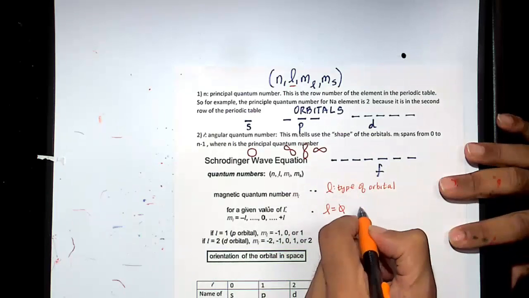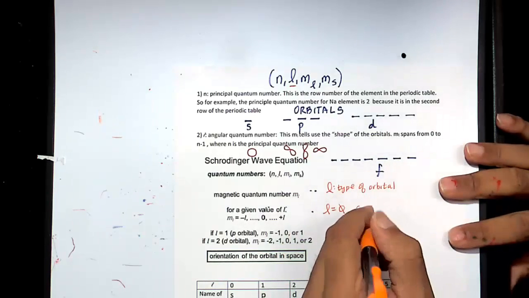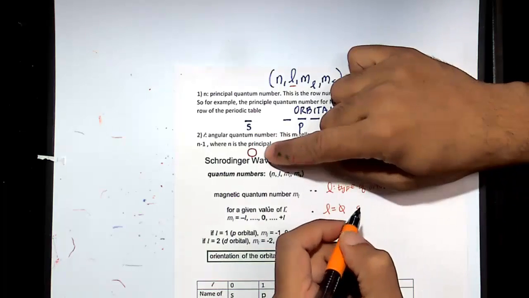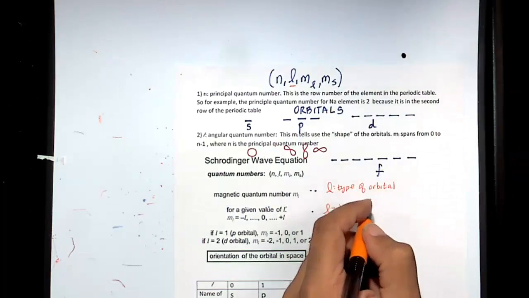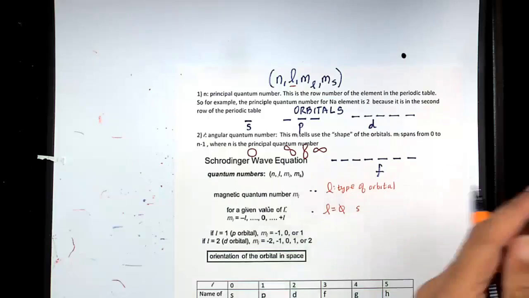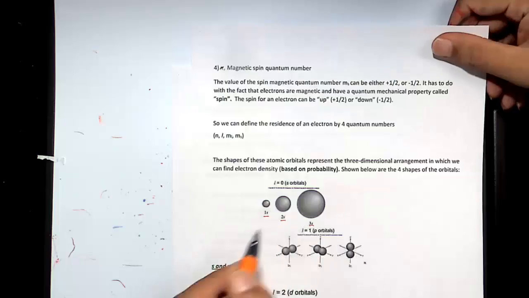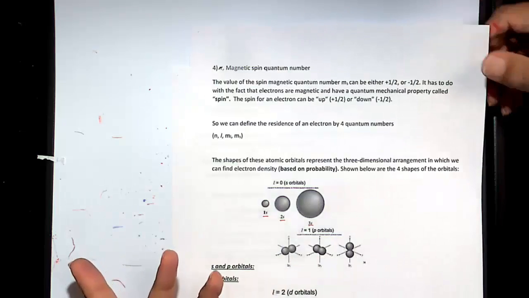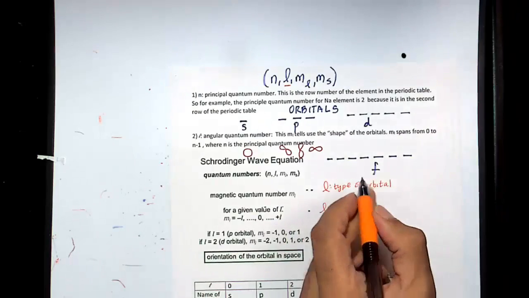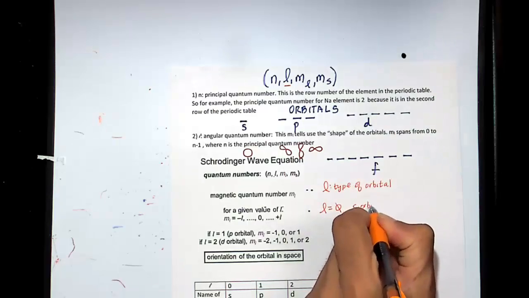That is the key for s, which looks like a sphere. The probability of finding an electron resembles a sphere. So that is the code for an s orbital.